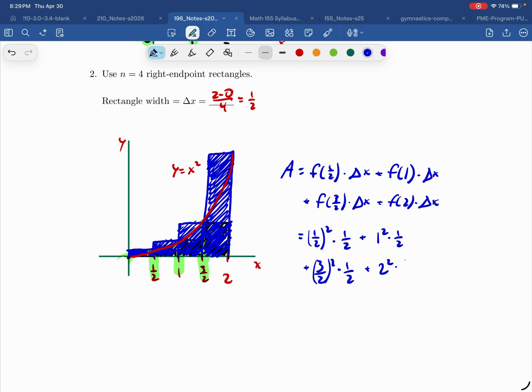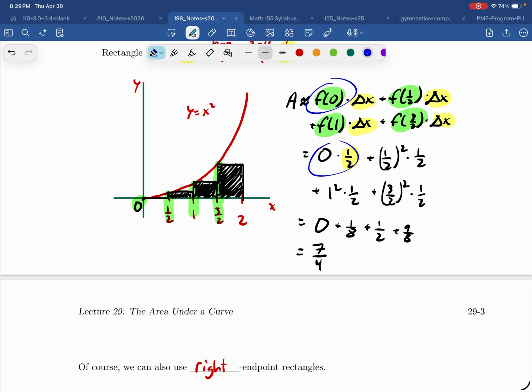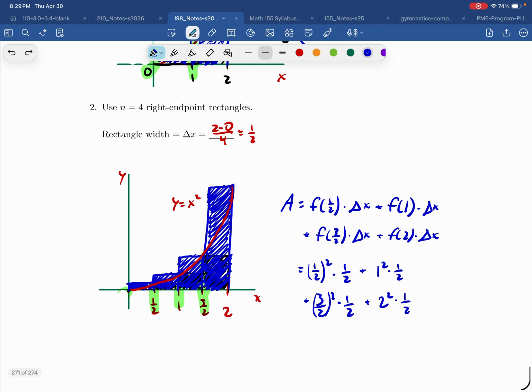Note that we don't have the 0 squared from before. We don't have this guy. But we do have this guy that we didn't have before. Okay, so anyway, when we do this out, again, clearly an overestimate, but not as bad an overestimate as what we had before. So anyway, let's see what we have here.